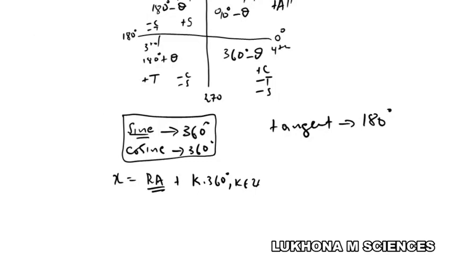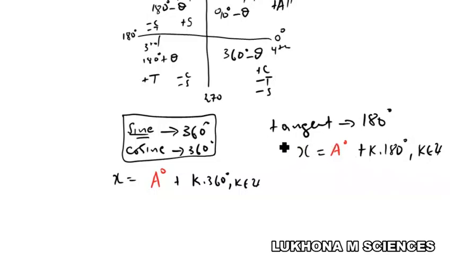It will be the angle, let's say the angle there, not the reference angle, I would say 8 degrees. But if you are dealing with a tan, your x will be equal to your 8 degrees, but plus k times 180 degrees, where k is an element of the integers. So that's how the general solution is.